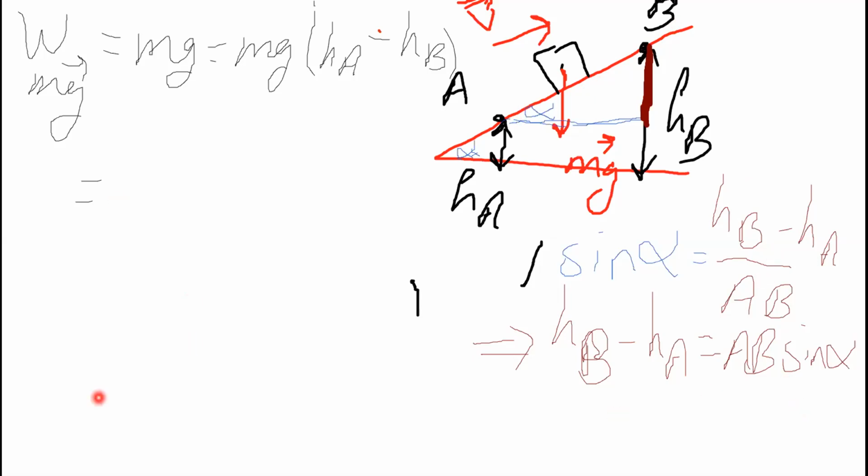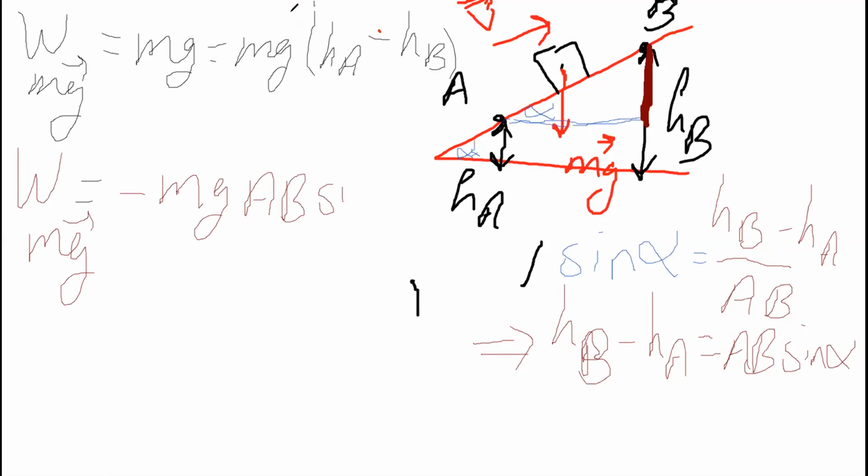Let us come now to the work done by mg. It equals minus mg AB sine alpha. Why minus? HB minus HA is AB sine alpha, but in the formula we have HA minus HB.